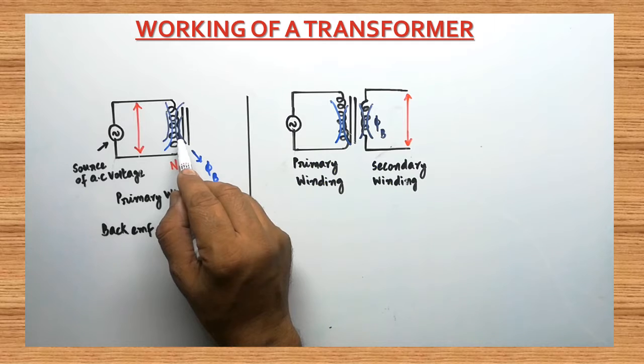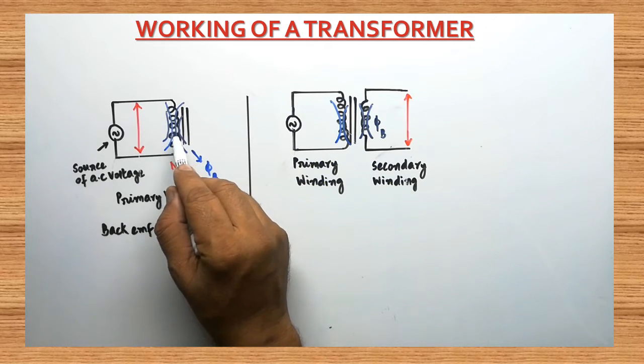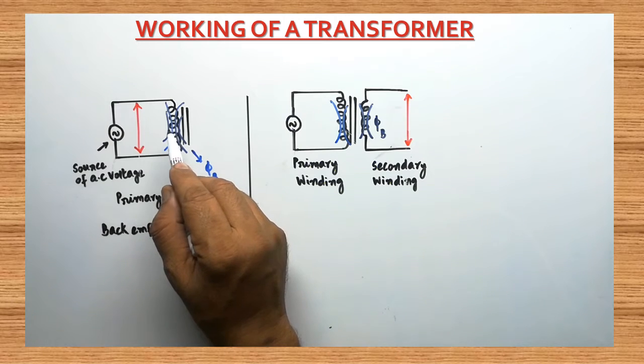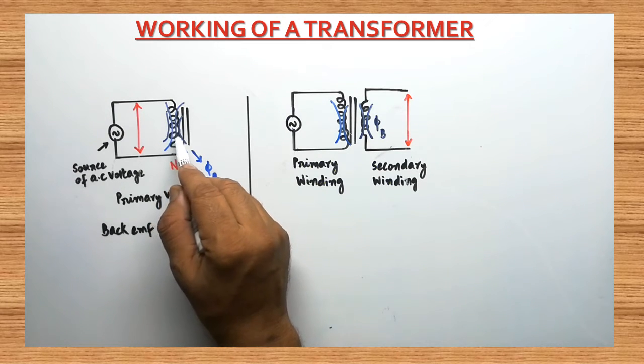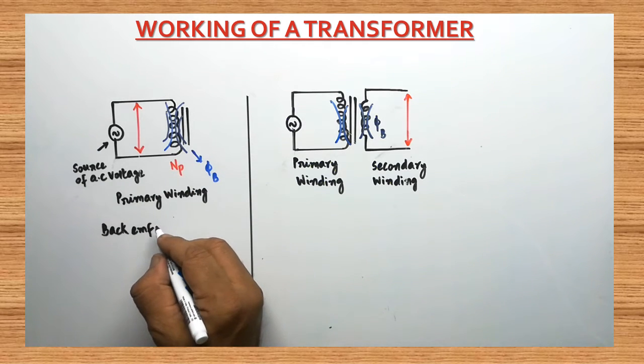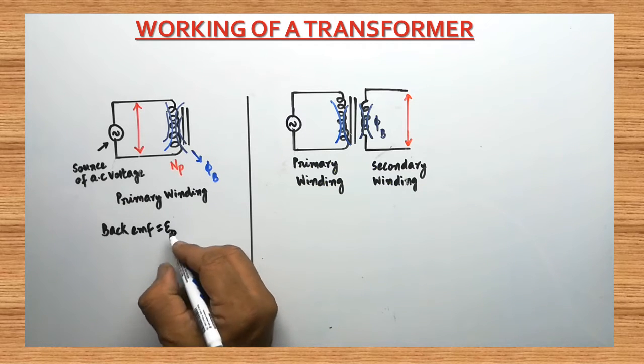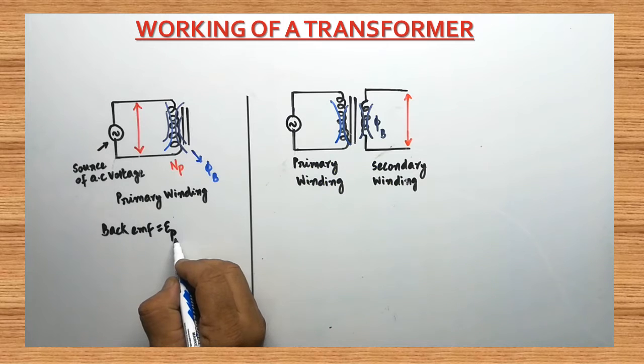Within the coil itself, magnetic flux changes with respect to time. When magnetic flux changes with respect to time within the coil itself, one more EMF will be created. That is called back EMF. That back EMF can be written as epsilon P. Are you clear? That is the EMF produced in the primary coil.